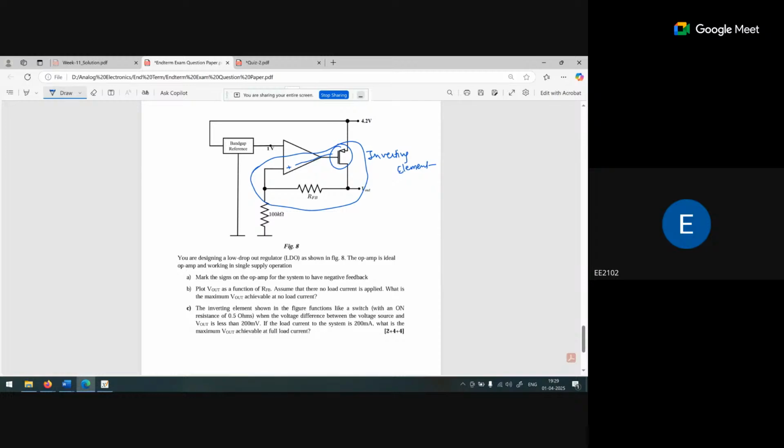So this is your sign of the operational amplifier. Now plot V out as a function of RFB. So this becomes a plus, minus. Now 1 volt here, 1 volt here.